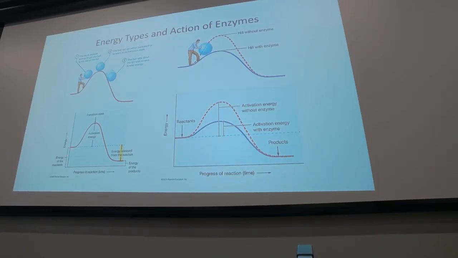Now, you have a specific amount of energy of the reactants, as you see here in this graph. Energy is found in the y-axis, and progression in time is in the x-axis. So this person, in order to push the ball to the hill, has to spend the potential energy that the person had to reach that transition state, which is when you have the ball on top of the hill.